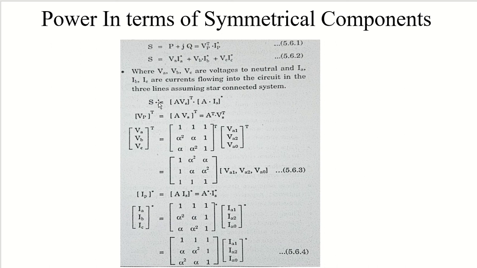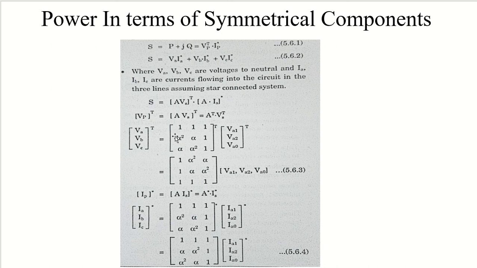And when we take the transpose of them, what will we get? We will get Va, Vb, Vc equal to the transpose of A, which will become, you already know how we take a transpose, right? We are just basically writing it from the other side. So its transpose will be 1 alpha square alpha, 1 alpha alpha square, 1 1 1, right?